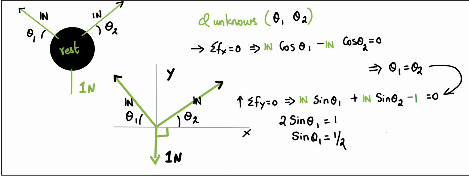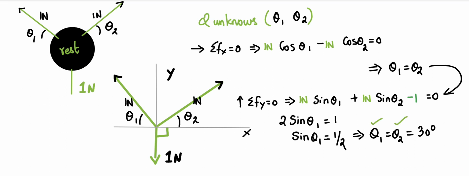So sin theta 1 is equal to 1 by 2. For what theta 1 value is sin theta 1 equal to 1 by 2? It's obviously 30 degrees. So I have solved for these two unknowns with these equations. What I state here is, with these two equilibrium equations I can solve whatever the unknowns may be, but I can solve for a maximum of two unknown values of forces.